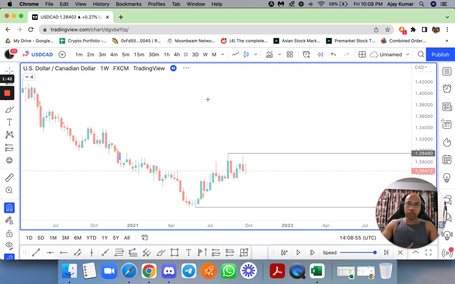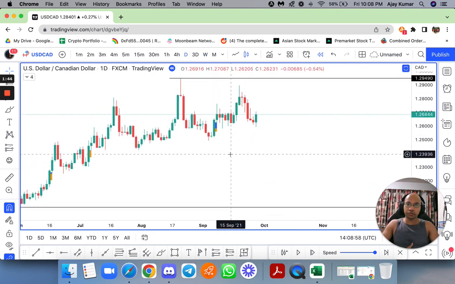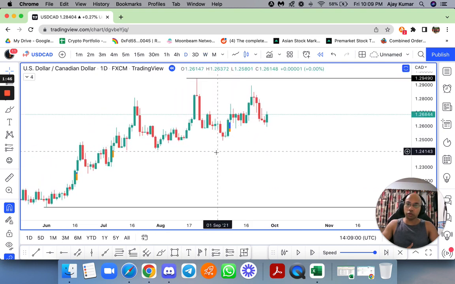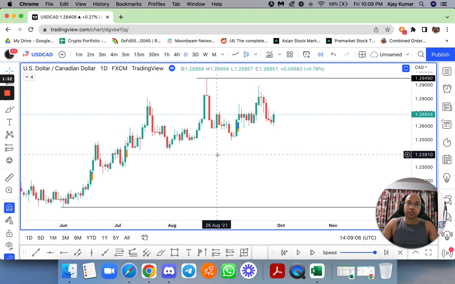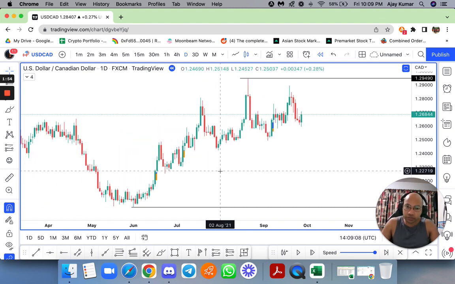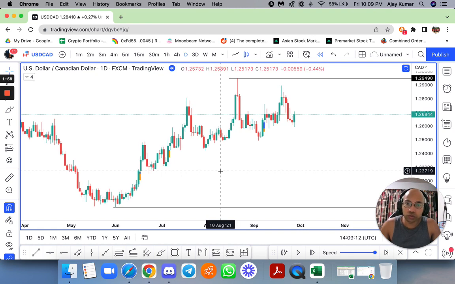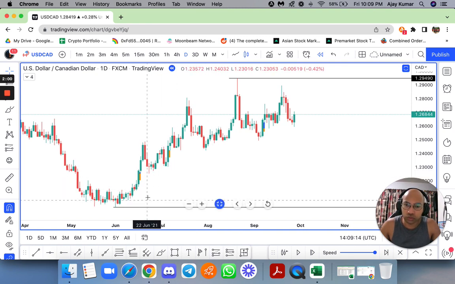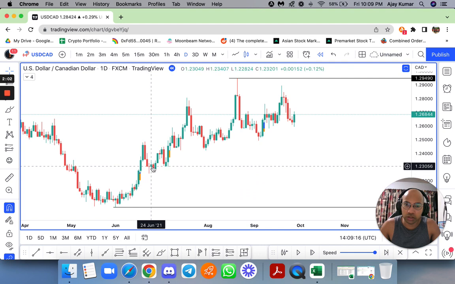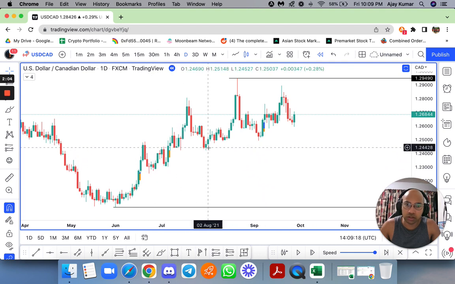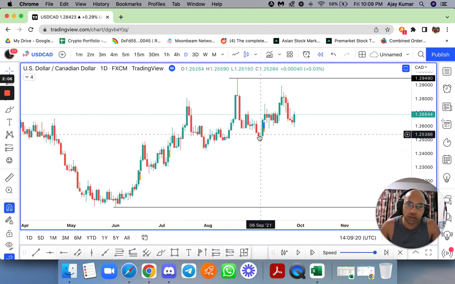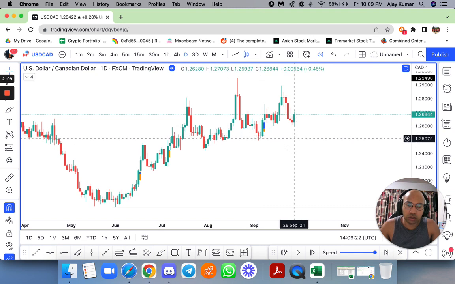Okay, now let's go to the daily chart. So what I'm looking for is order blocks, fair value gaps, and pivots, right? Any order blocks? No order block here. No, this is not an order block.